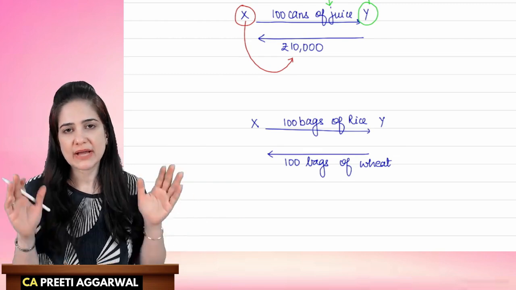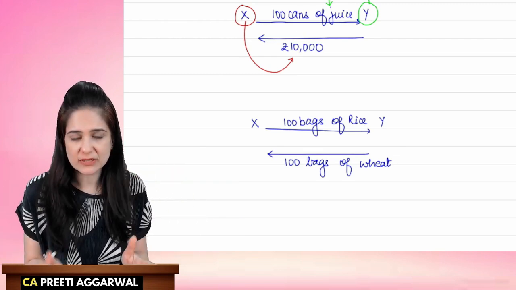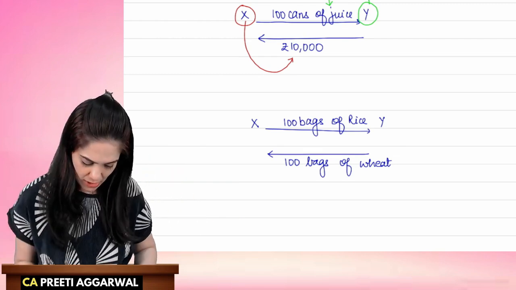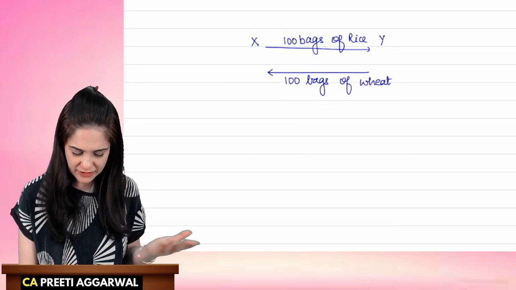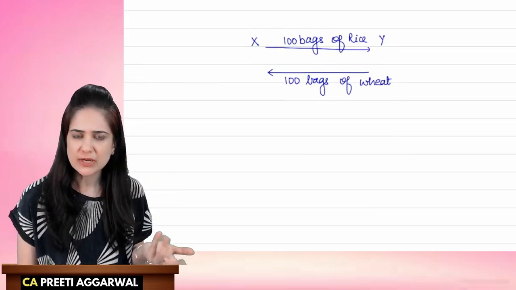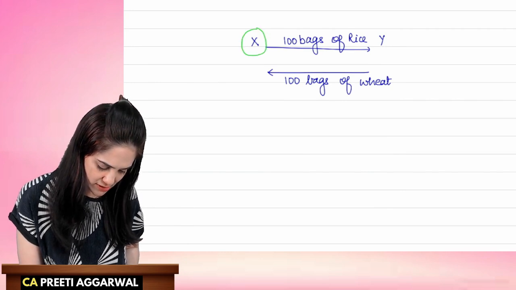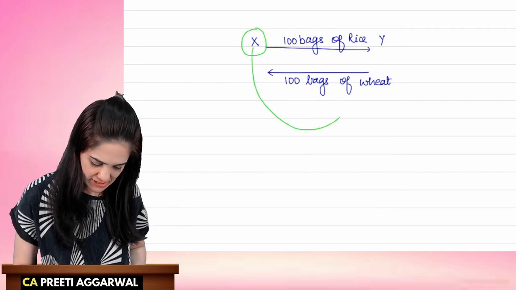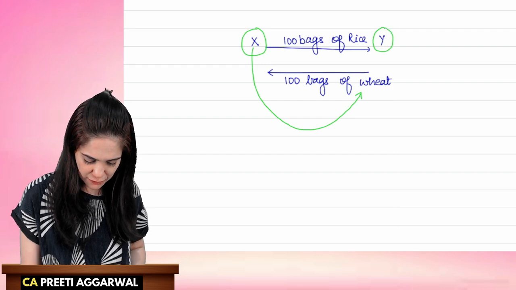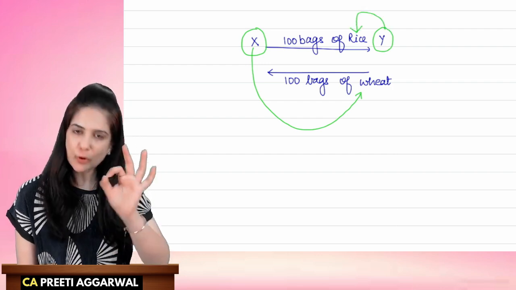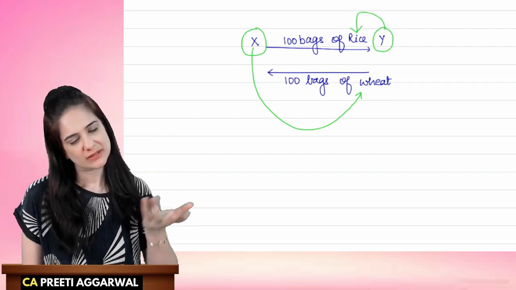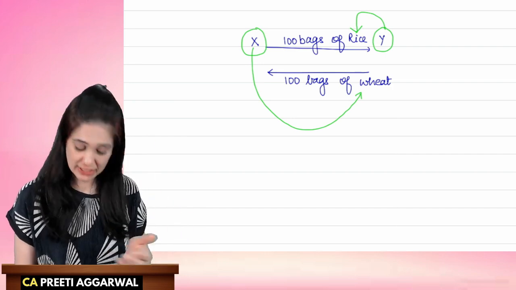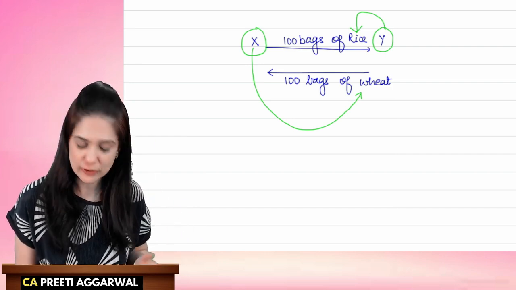Anything will do so long as there is something in return and that something has value. So here X gave 100 bags of rice to Y and Y gave him wheat. What is the consideration for X? Wheat. What is he getting? Wheat. And what is the consideration for Y? Rice. Both are getting something in return. There is valid consideration. It's a valid contract, and this consideration is also lawful.